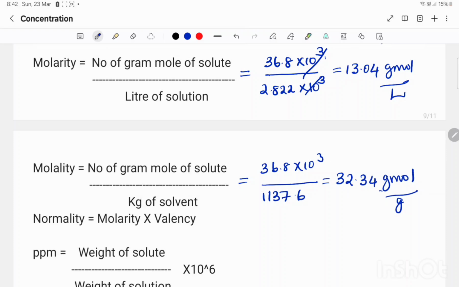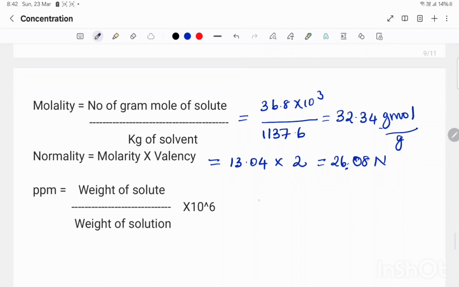Next, normality is calculated using molarity into valence. Molarity is 13.04, and the valence of sulfuric acid is 2. Multiplied by 2, this gives 26.08 N.